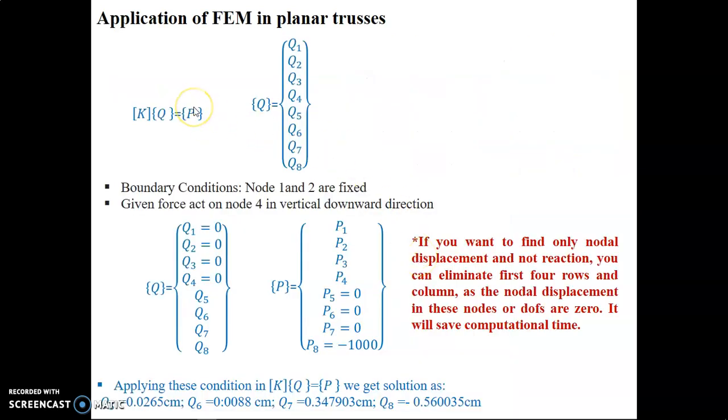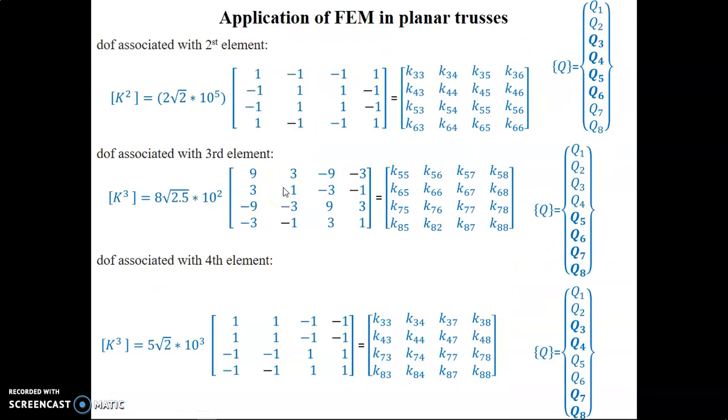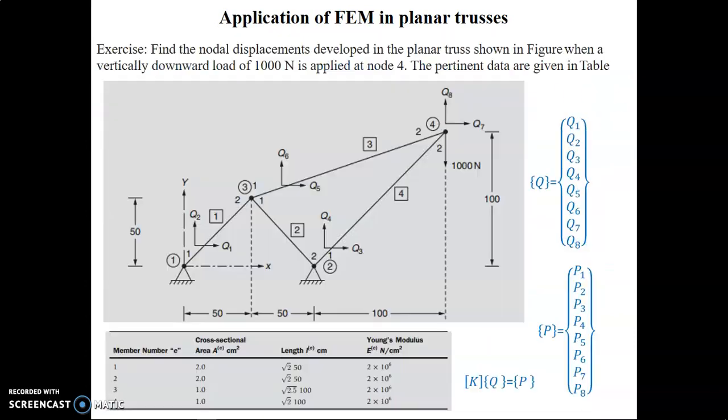So now we will be describing the problem or the finite element solution of the truss as stiffness matrix times displacement matrix is equal to the external load. Now we will be applying the boundary condition. It has been given in the problem that the first node and the second node are fixed, and at the fourth node a vertical downward force of 1000 Newton is applied.